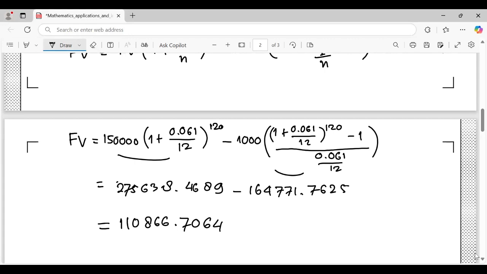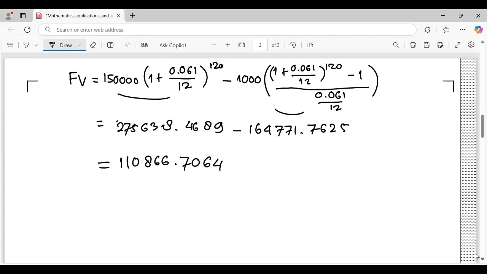And I'm going to simplify, rounded to this one, 110,866.70 becomes 110,867.